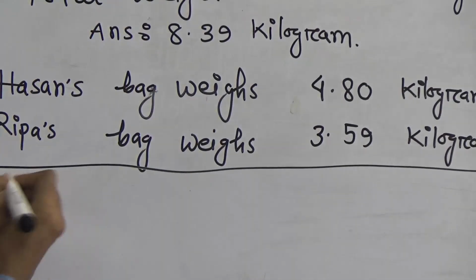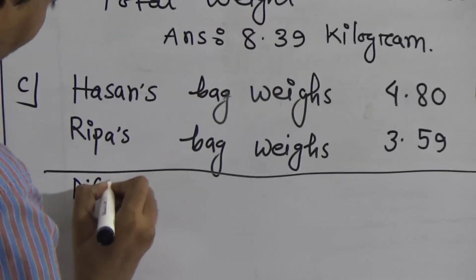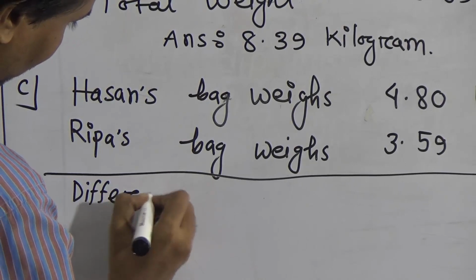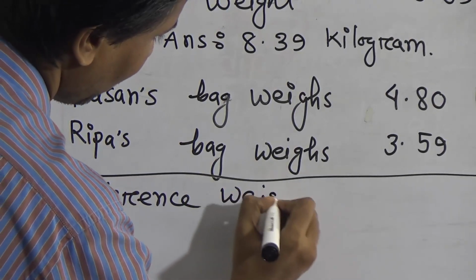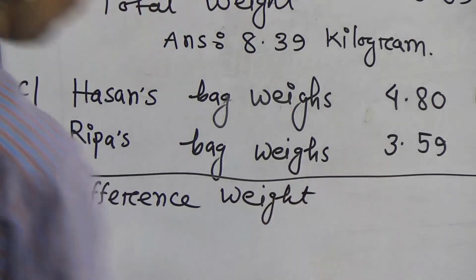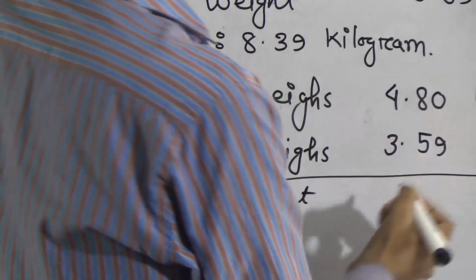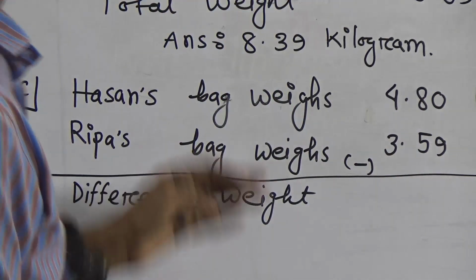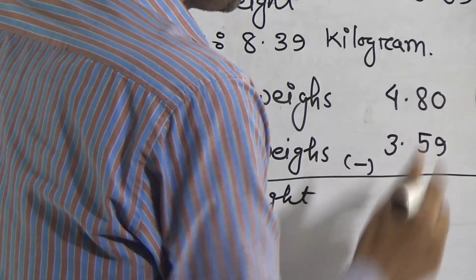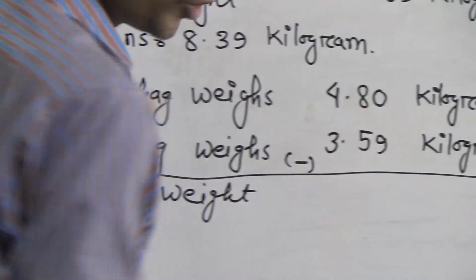Now write difference weight. Now you have to subtract. Difference means subtraction, right? We cannot subtract 9 from 0.